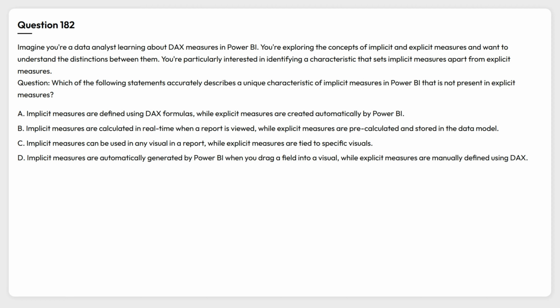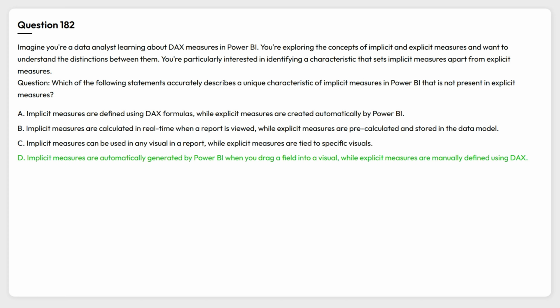Option C. Implicit measures can be used in any visual in a report, while explicit measures are tied to specific visuals. Option D. Implicit measures are automatically generated by Power BI when you drag a field into a visual, while explicit measures are manually defined using DAX.